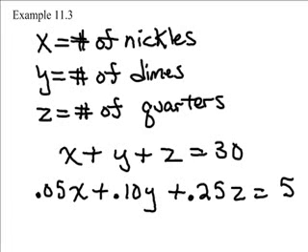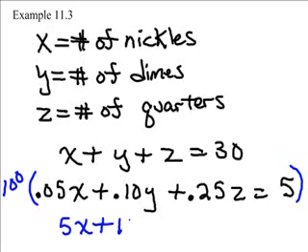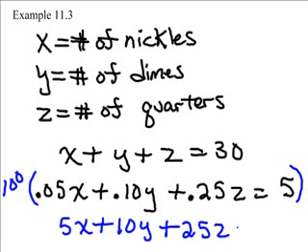So the first thing I want to do is multiply everything by 100 to clear the decimals from this second equation. That gives me 5x plus 10y plus 25z equal to 500.